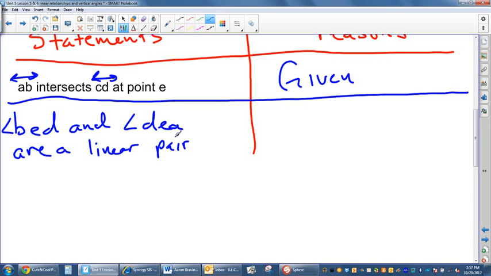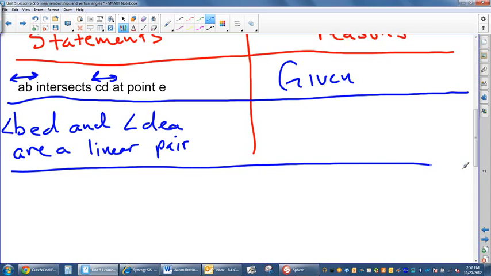Does anyone want to take a stab at what the reason is that we're able to state that? Remember, the reasons aren't hard, they're not tricky, it's actually very straightforward. So how can we say those are a linear pair?